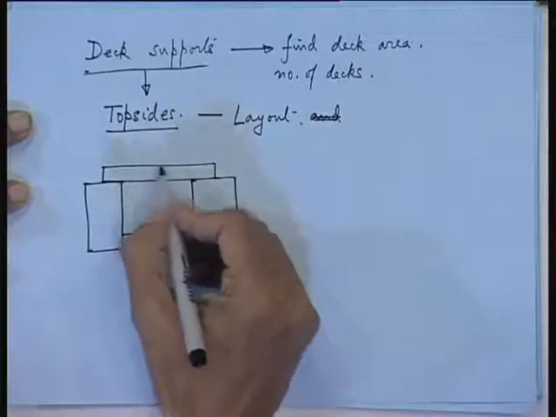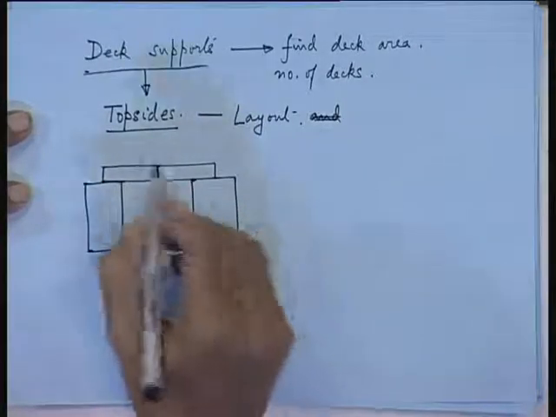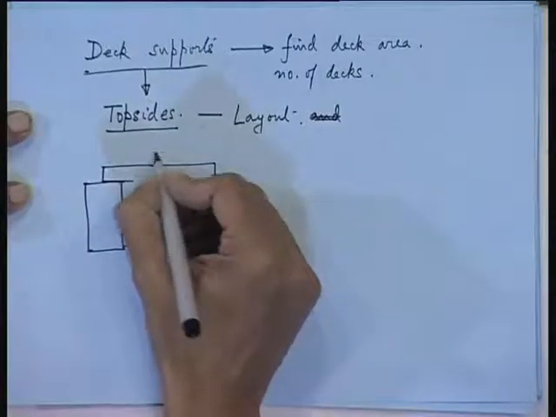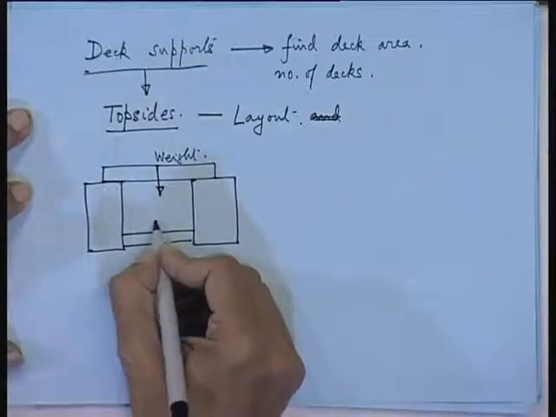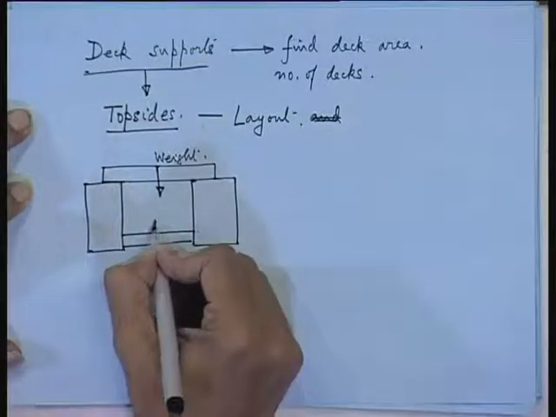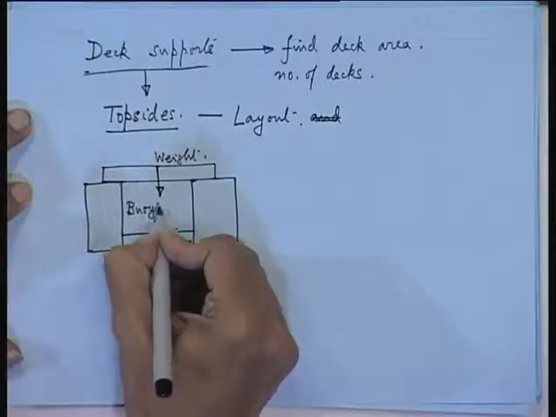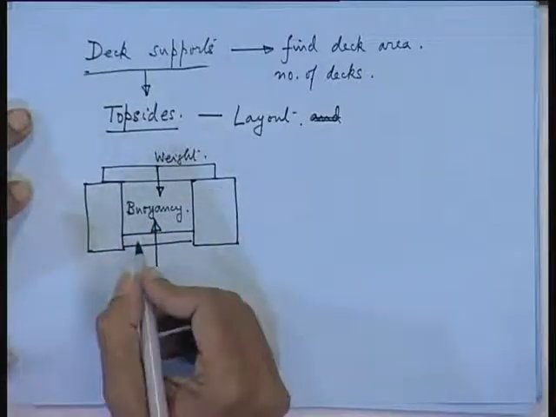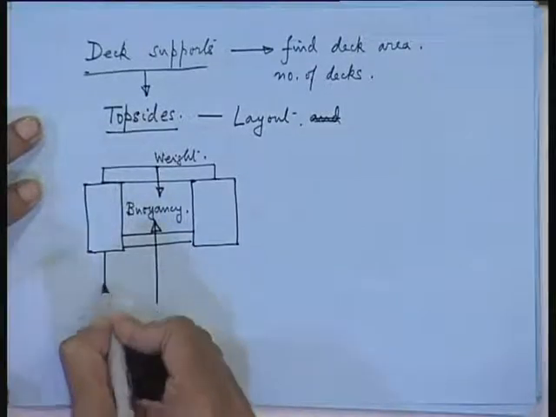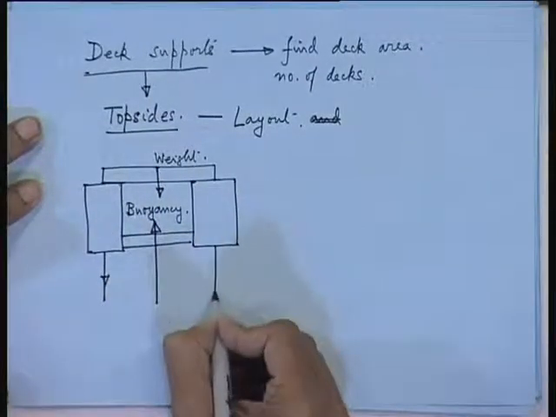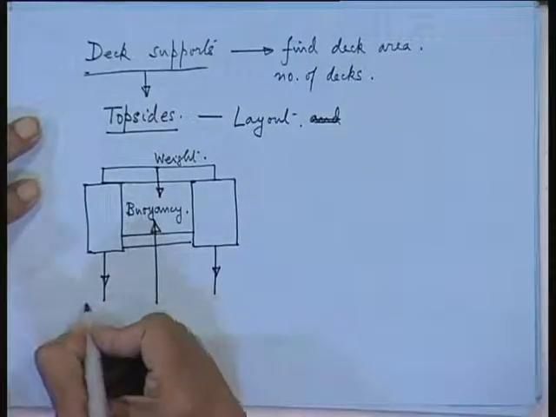Now, the weight will be acting somewhere, let us say the weight is coming downwards and the major buoyancy force is coming somewhere here. Now, next your tendon tension is acting downwards. So, this is tendon tension.